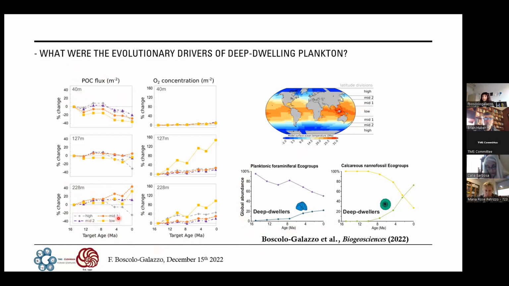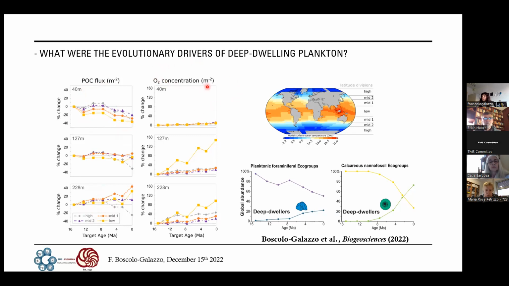So this parameter down here is an indicator of the efficiency of the biological pump. It says that more organic matter was exported below the euphotic zone into the upper twilight zone. Vice versa, this one up here is an indicator of primary productivity, and it shows a global decline in primary productivity since the Middle Miocene, according to our model.